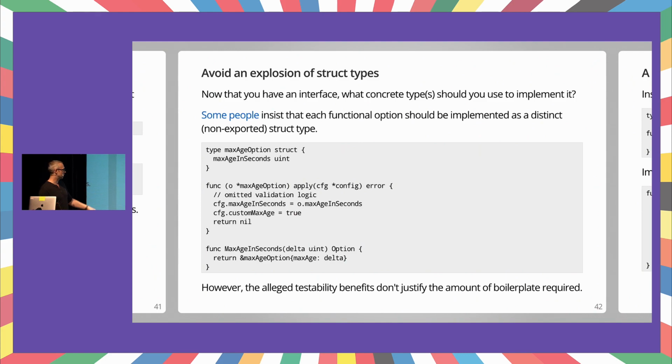And that's actually another common objection against the functional options pattern. One reason they do that is they argue structs can be comparable, whereas functions never are. And they actually want comparability for testability purposes. But I don't think the alleged benefits are justified.